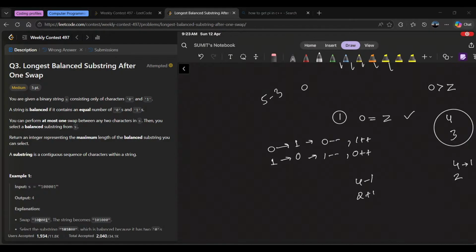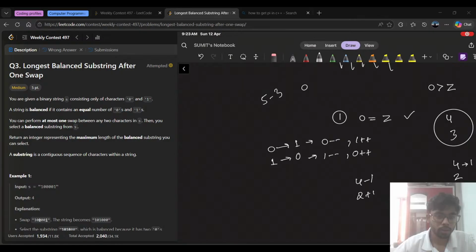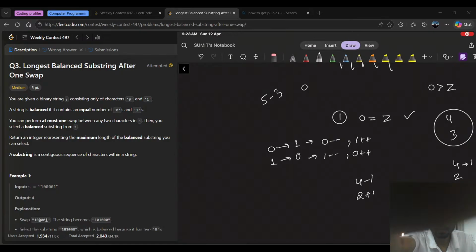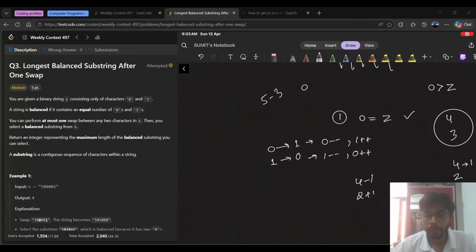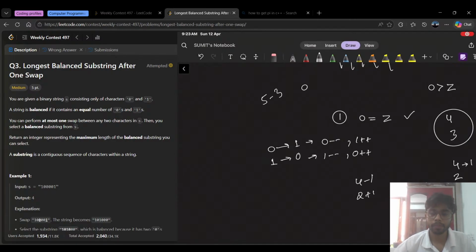If I'm not getting the lens correctly, I'm getting the difference.